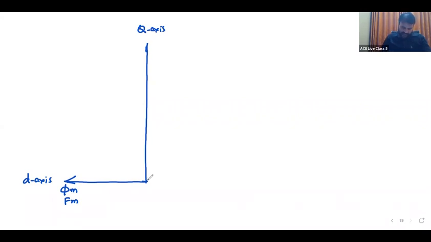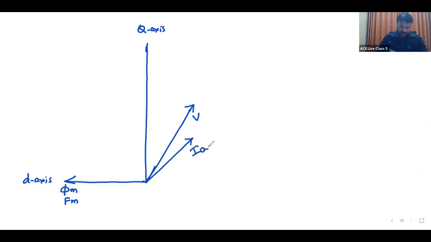V lags E. This is V. The angle between E and V is delta. This is IA, the armature current.